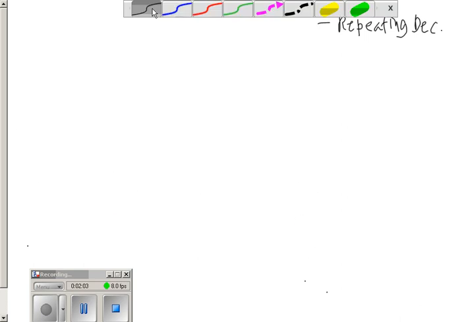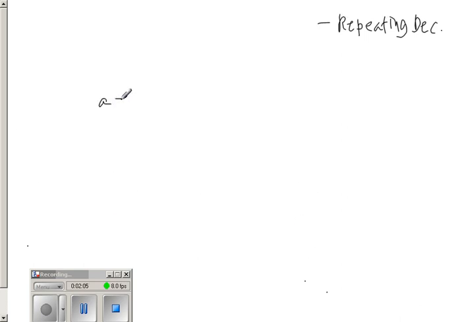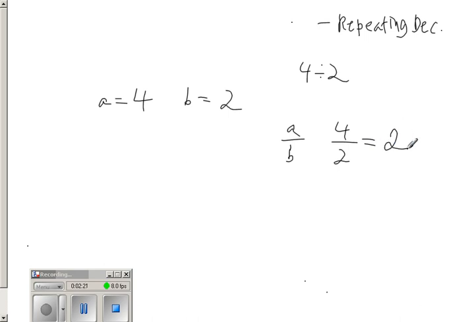Let's say A is 4 and B is 2. So we take my A over B, 4 over 2, or 4 divided by 2, depending on how you want to think of it. And what happens when we achieve that? Well, we won't need a calculator for this. We actually get 2. And what kind of number is 2? Well, it's actually just a whole number.